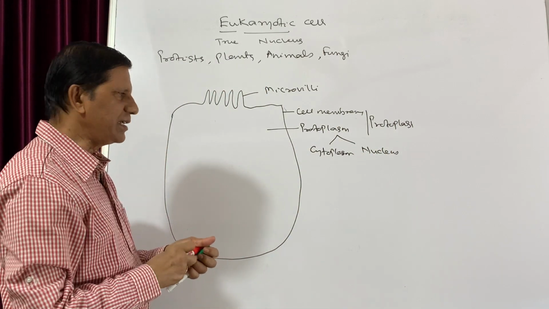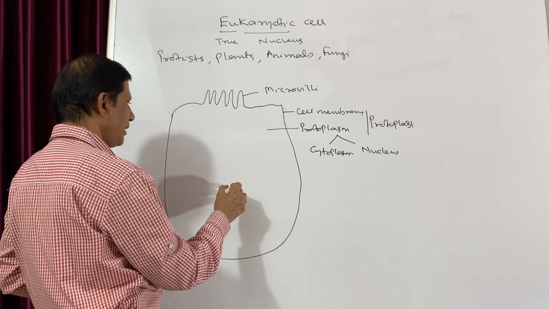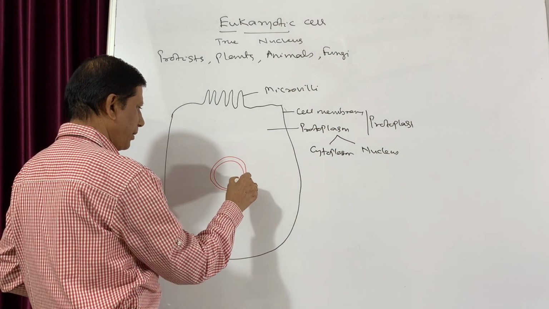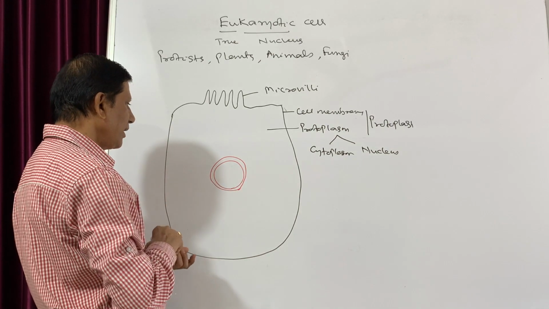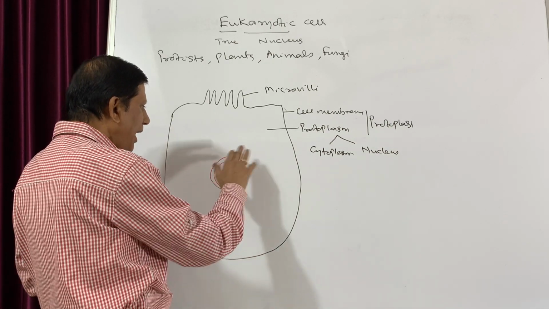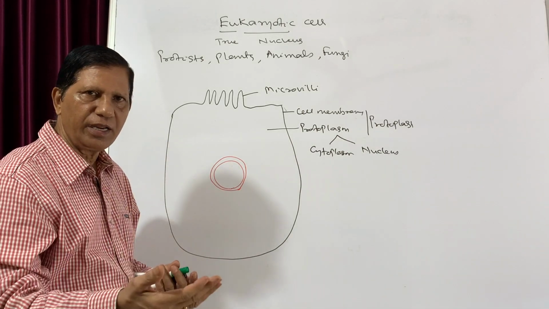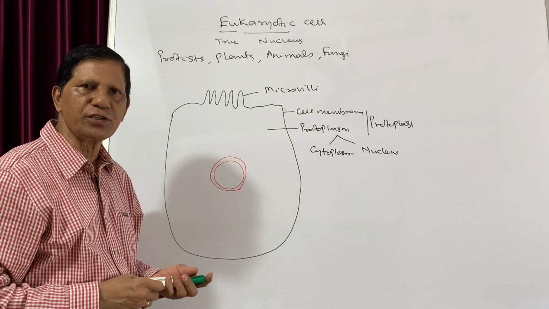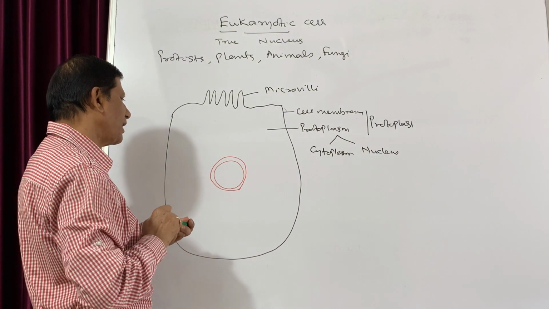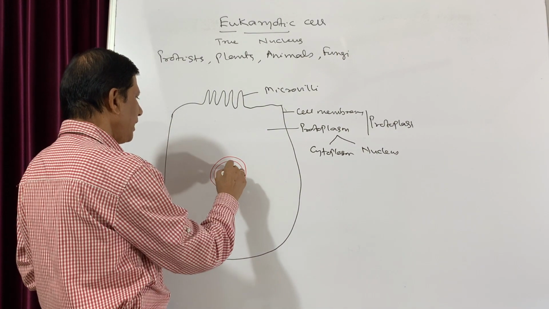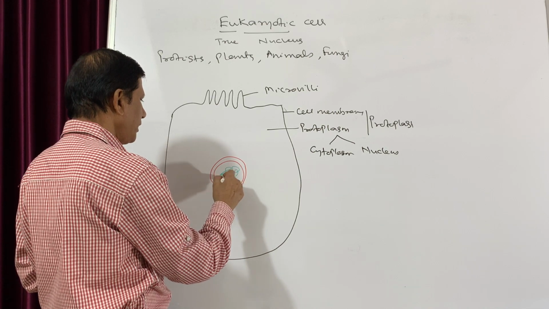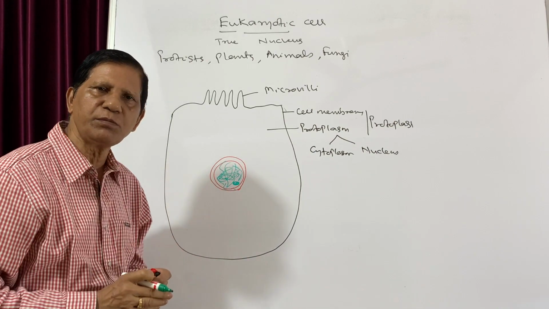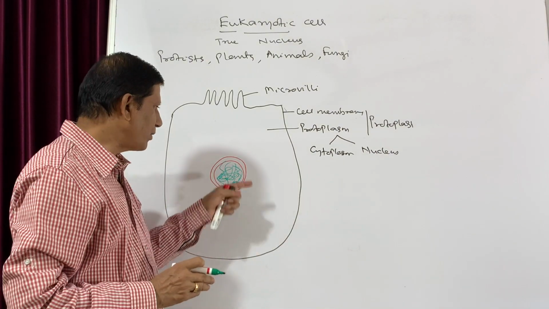In animal cells, usually the nucleus is present in the central area, and it is always a double membrane structure, and the outer membrane has some foldings that we will discuss later. Within the nucleus is the genetic material, that is the DNA, present as chromosomes.